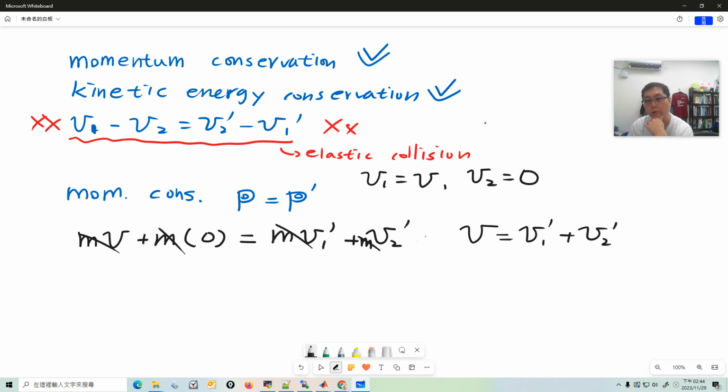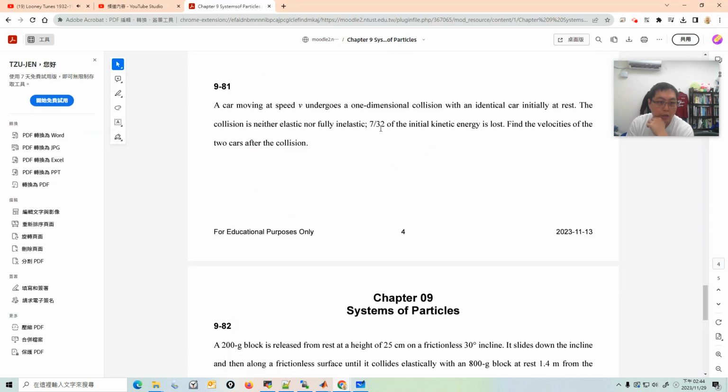The problem says 7/32 of the initial kinetic energy is lost, which means 25/32 of the initial kinetic energy is preserved after the collision.